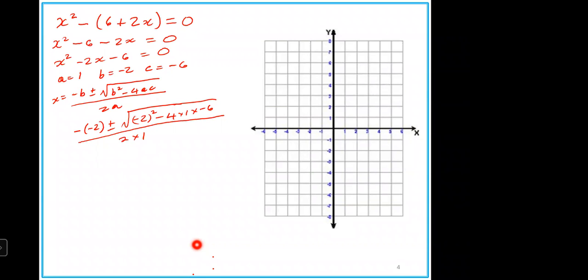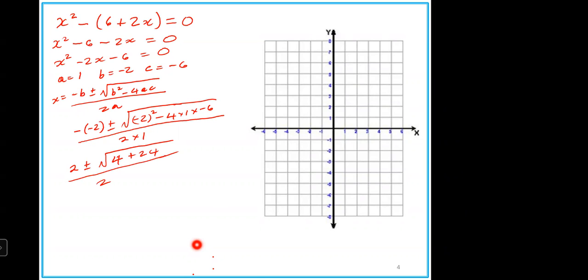So minus -2 is +2, plus or minus the square root of 4, and 4 times that gives you +24, all over 2.